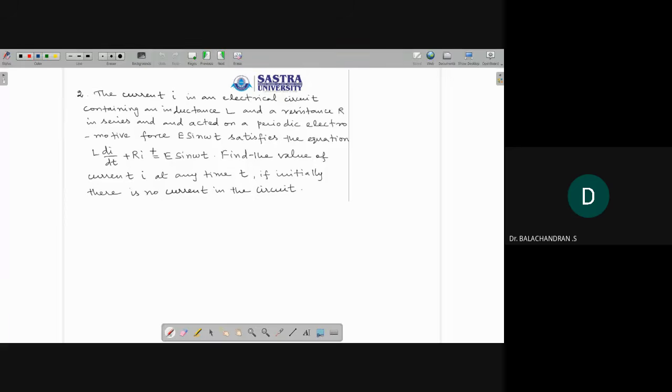Find the value of current I at any time t if initially there is no current in the circuit. So in this problem, the differential equation is given. You need to find the current I at any time t. If you know how to do it, you can try. If you got the answer, you can tell.